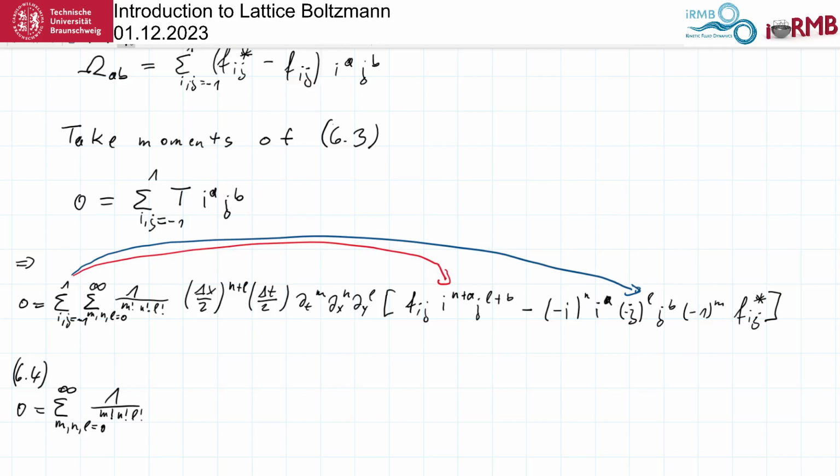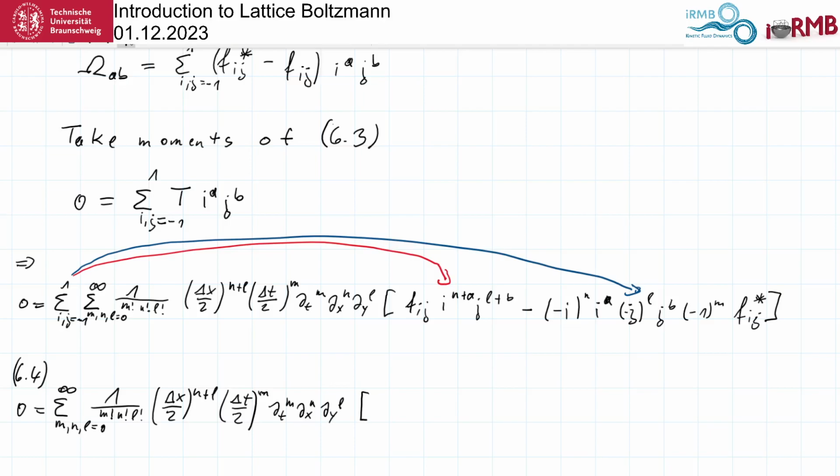So I have to repeat a few things here. First, n plus l and delta t half. Oh, I forgot the m here. Yes, I forgot the m here. By the power m, d_t^m d_x^n d_y^l.